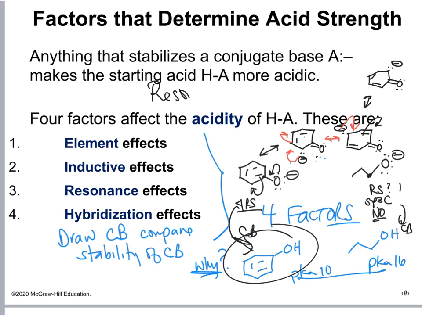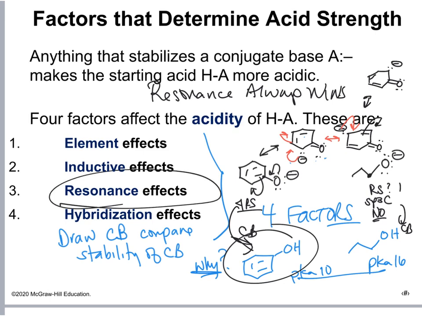Resonance always wins. So resonance effects is why. This conjugate base is going to be more stable when the hydrogen leaves. It's all about how stable that conjugate base is when the hydrogen's taken away.